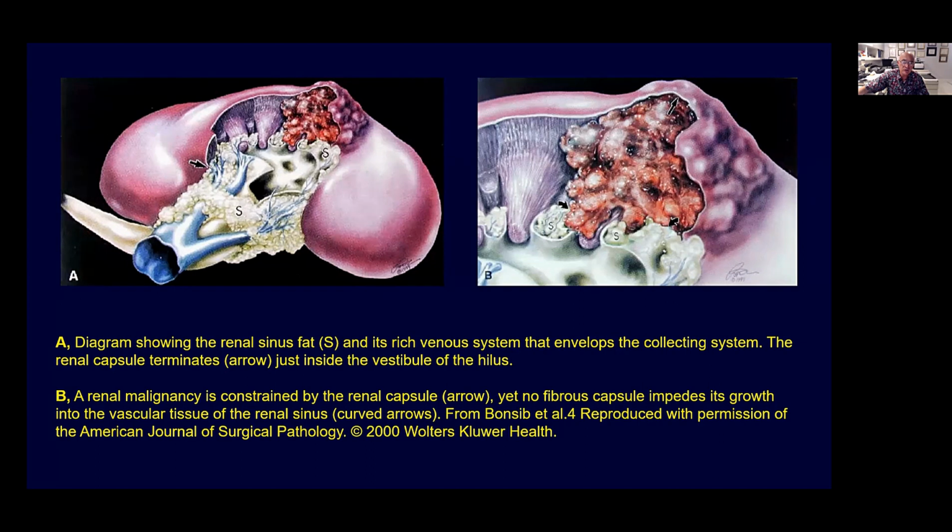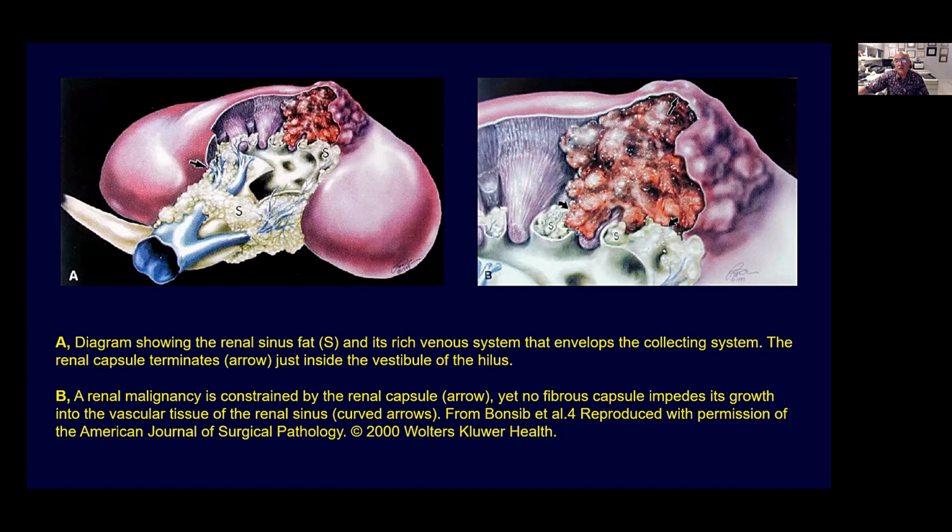And even though there is not definitive evidence of invasion of the capsule, you may say suspicious, but not definitive for invasion of the capsule. So many times I have to correct some reports that, for example, mentioned the tumor is going through the capsule, but when we do the microscopic examination, there is no such invasion of the capsule.